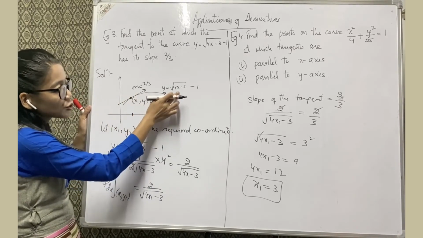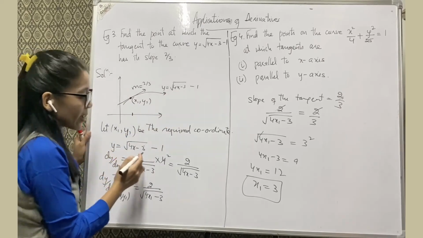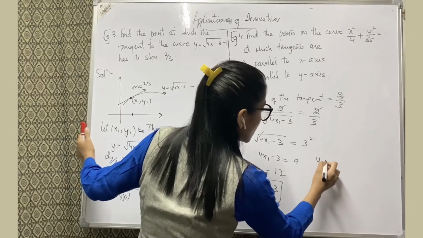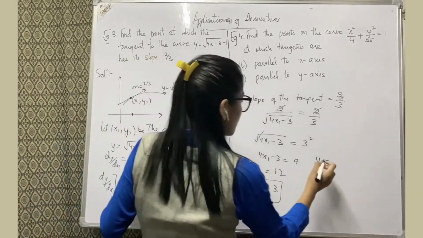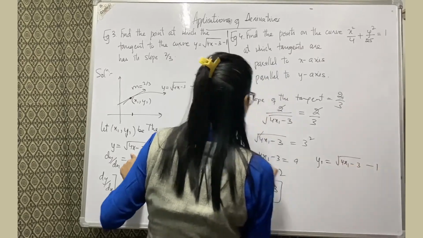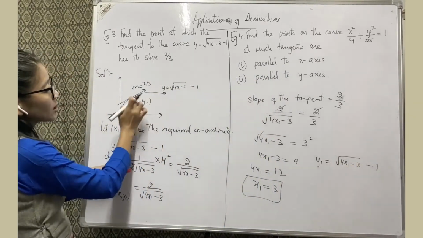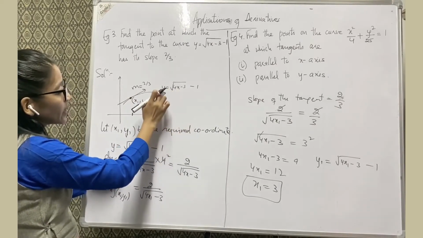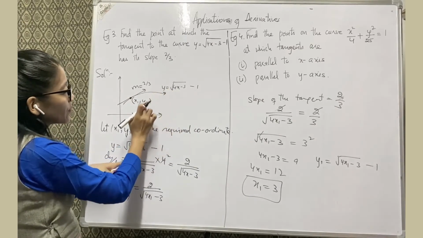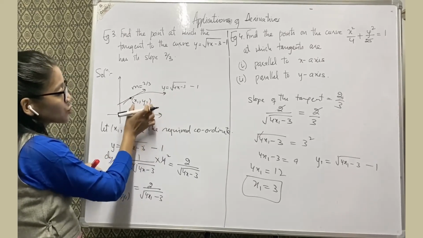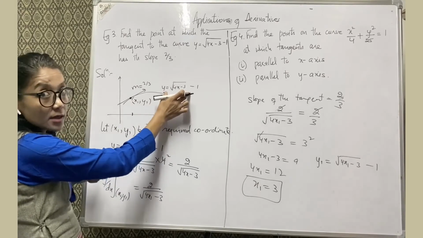Here we are going to use the curve. So y1 = √(4x1 − 3) − 1. Because this point is on the curve, it will satisfy the equation of the curve, so you can substitute x1 and y1 for x and y.